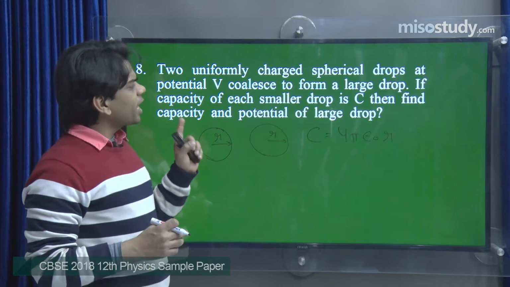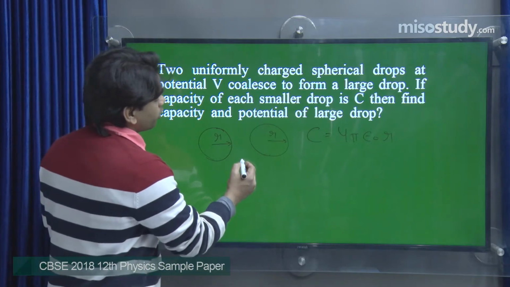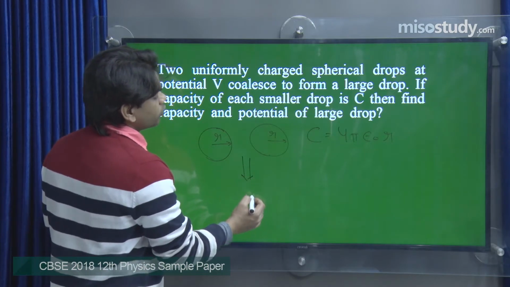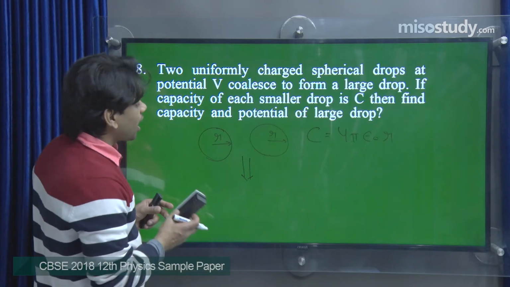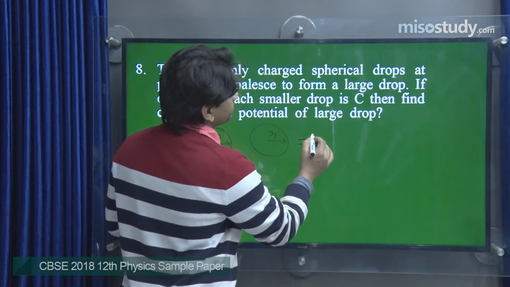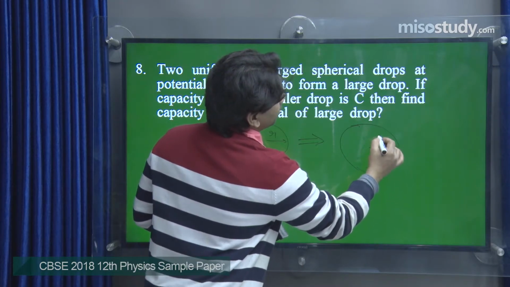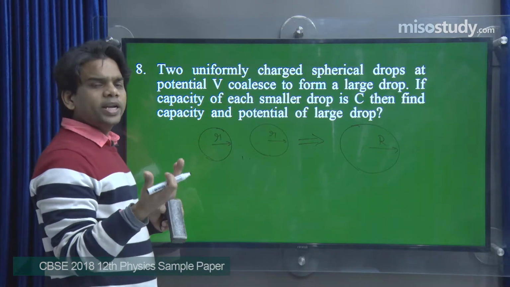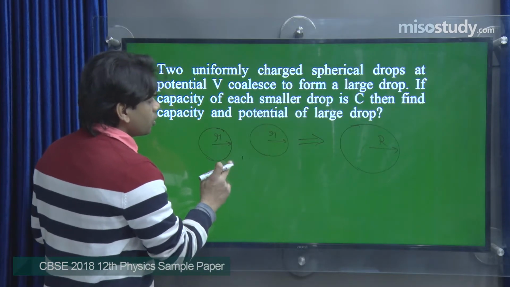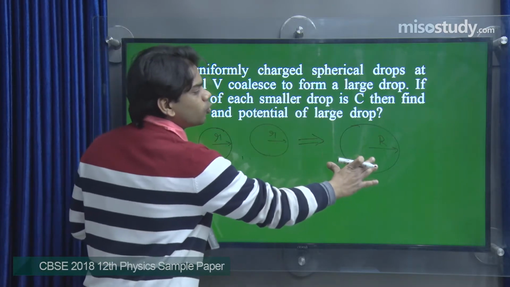So let us first try to relate the radius of the larger drop and the smaller drop. If they coalesce, we are going to form one single large drop, which I am representing here, that would be like this. So just equate the volumes. The total volume of these 2 spheres will be equal to the volume of this sphere.